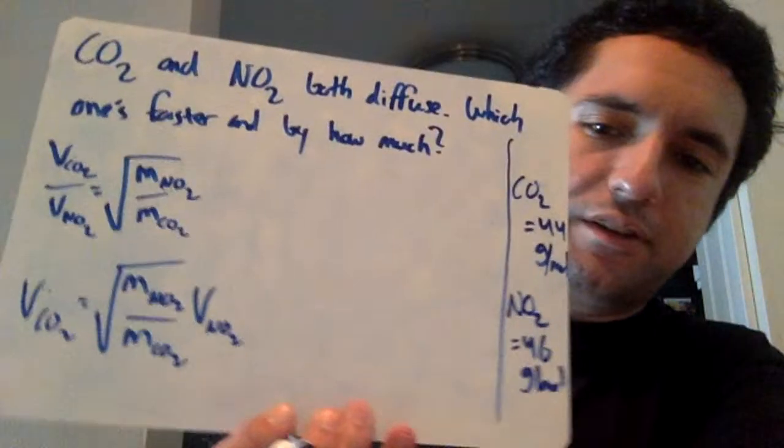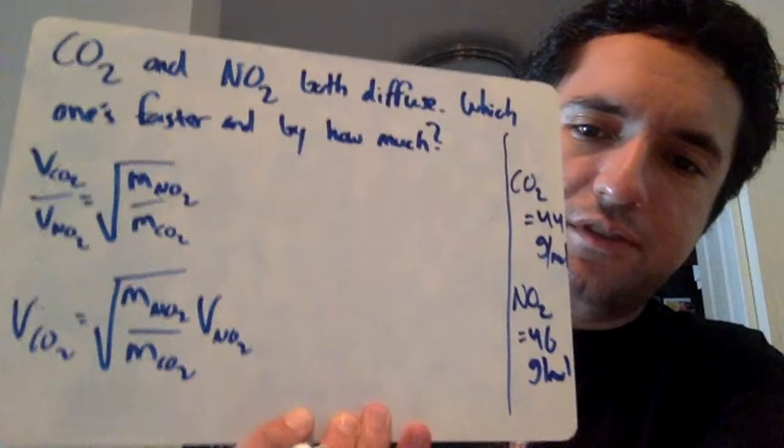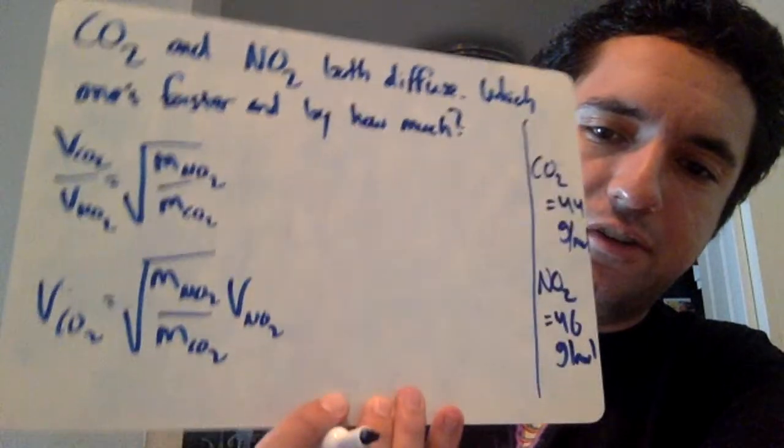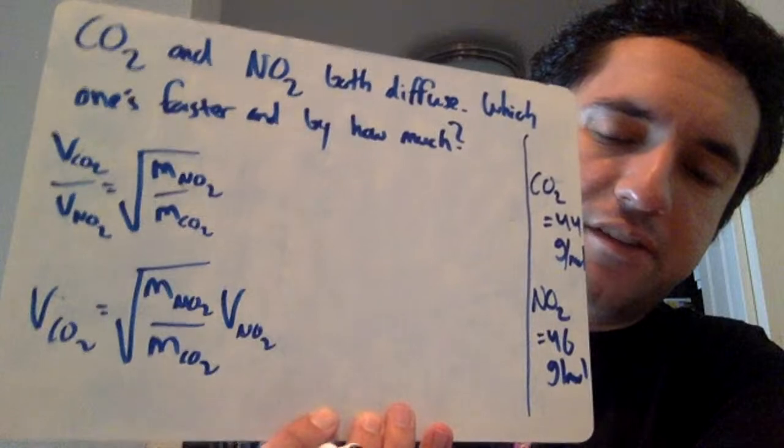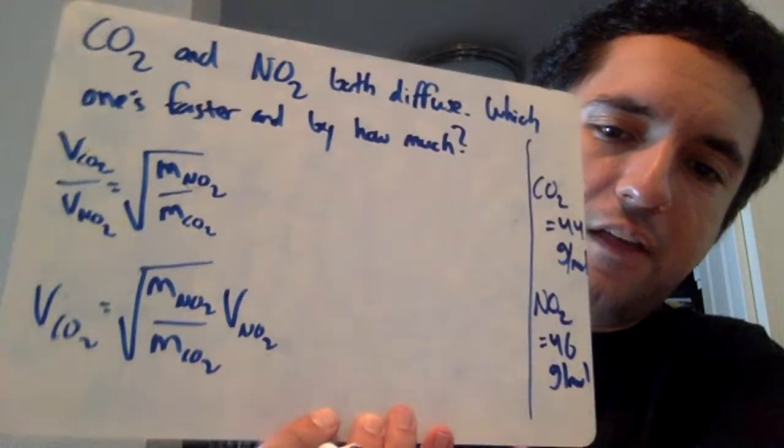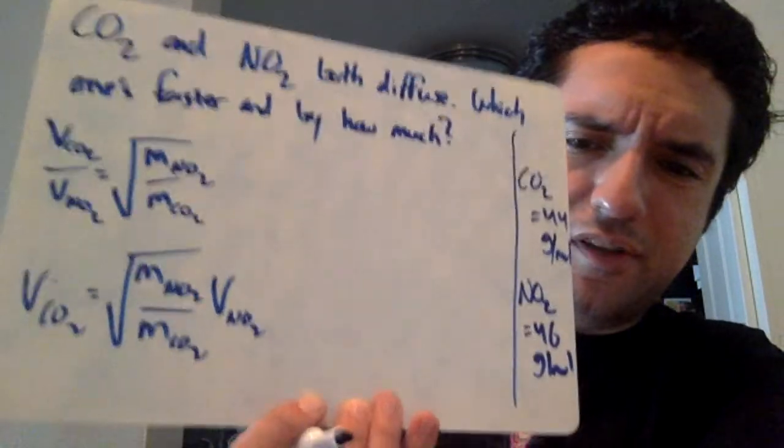So VCO2 is the square root of the molar mass of NO2 over the molar mass of CO2 times the velocity of NO2. Algebraically, it's just one step to get your variable by itself. The molar mass of NO2 goes on the top of that radical, and the molar mass of CO2 is on the bottom, right? I'll do the next step over here.